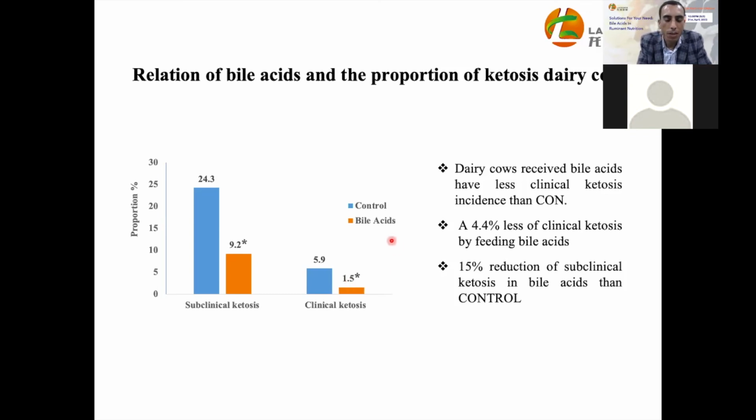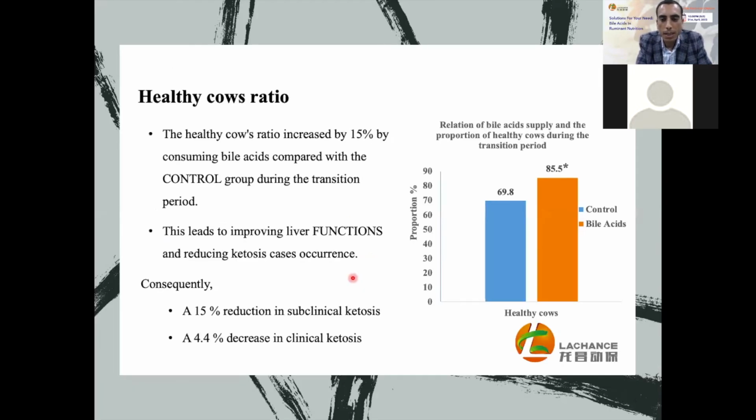That explains how bile acid can affect ketosis and improve animal health. The explanation for the ketosis is also an important point: how bile acid can minimize the risk of clinical ketosis. At the moment, there is no research assessing the efficacy of bile acid for ketosis in commercial dairy farms.